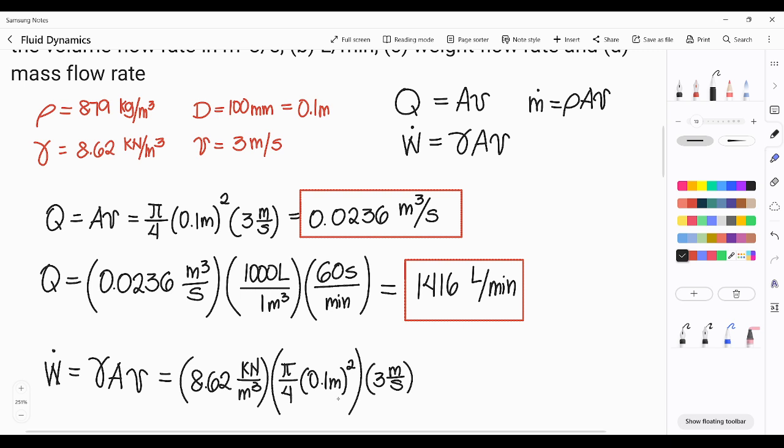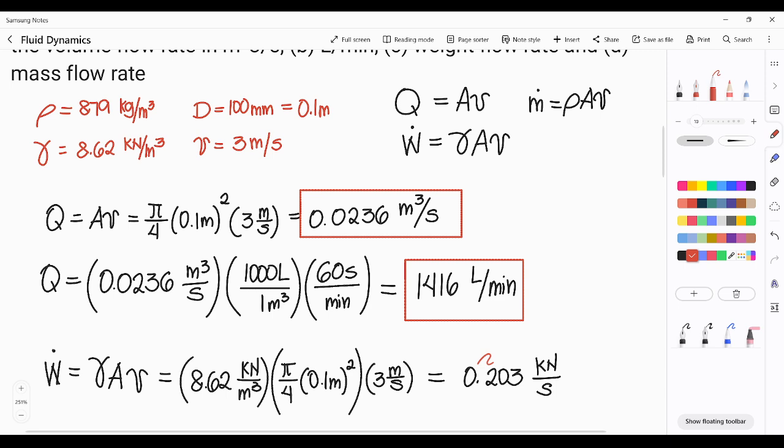The resulting unit will be kilonewtons per second. Pressing that into our calculator, we arrive at the value 0.203 kilonewtons per second.